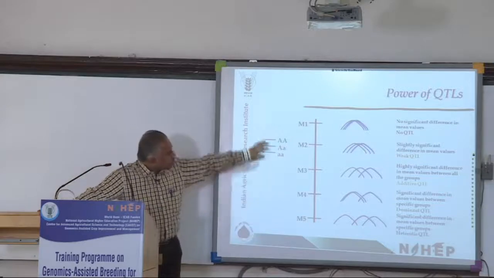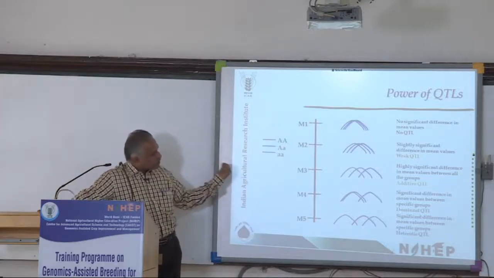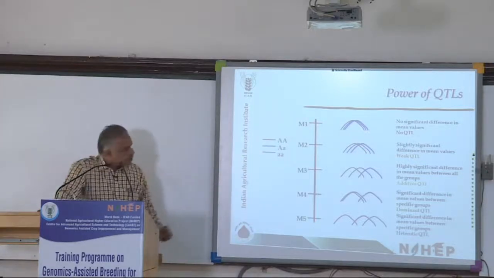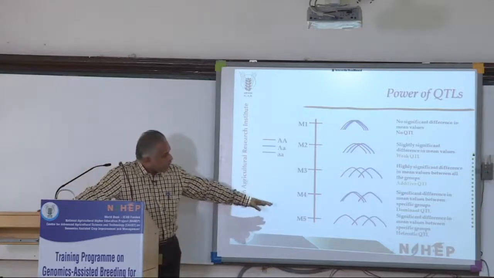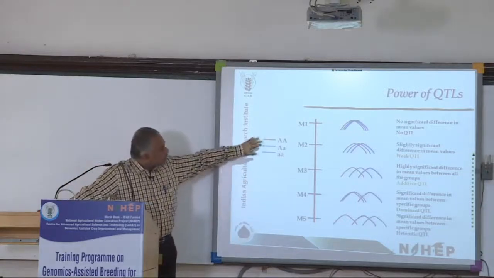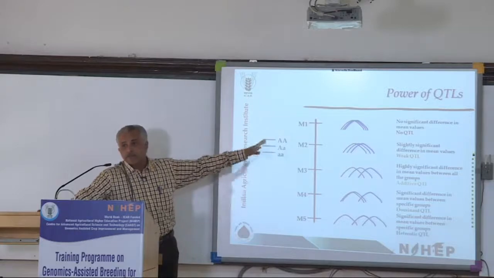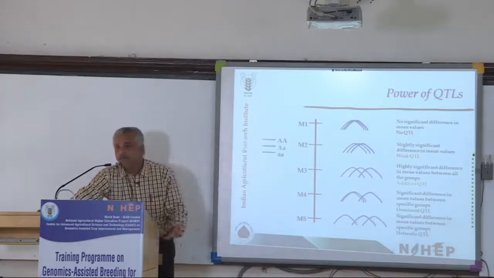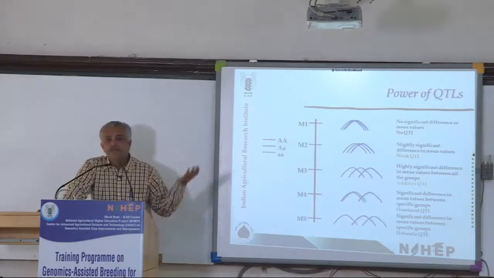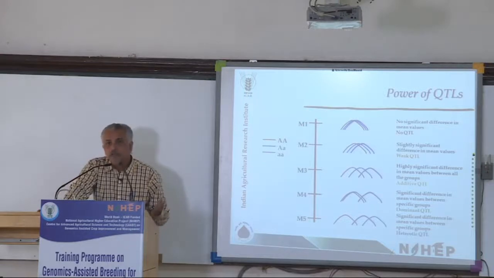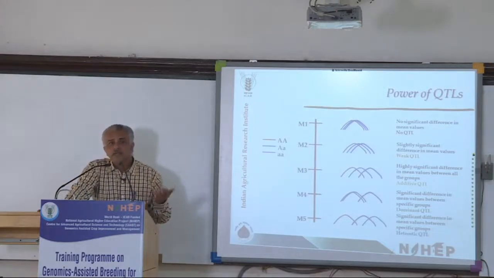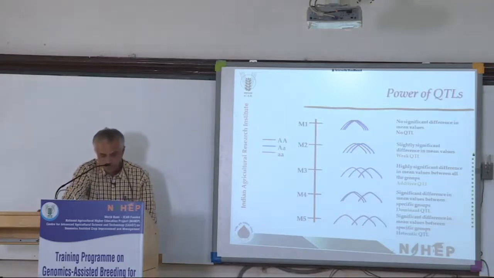If one of them is closer to one parent, we call it a dominant QTL. And if A is better than the parents, then we call it a heterotic QTL. You can call them in different ways. Based on the expression pattern, the QTL can be classified in different ways.